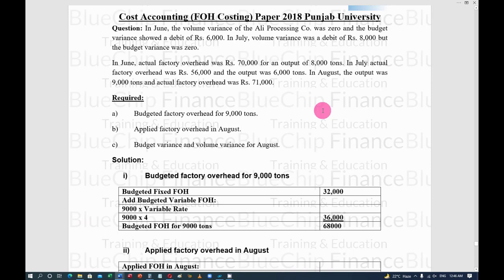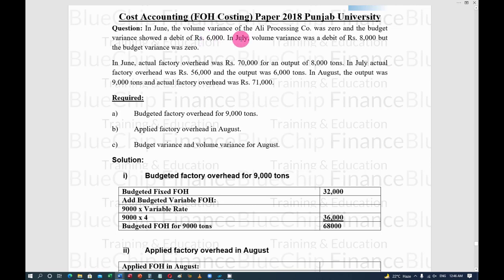Next question is also about the high-low method, but in this question there is a need for adjustment in the budgeted FOH because of the adjustment in the variances, which are given in the question. For example, in June, the volume variance of the Ali Processing Company was 0 and the budget variance showed a debit of rupees 6,000.